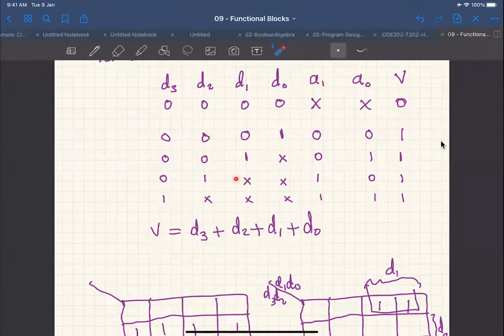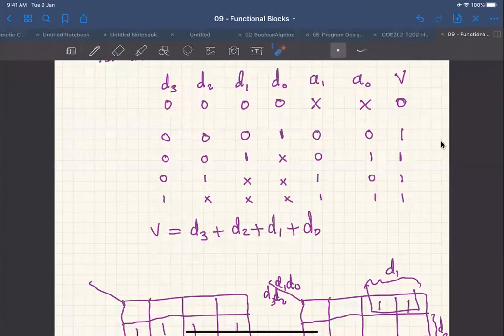Who can tell me which min terms are for these values? It's 4, 5, 6, and 7, right? Because these x's are going to be either 0 or 1. So 4, 5, 6, and 7.